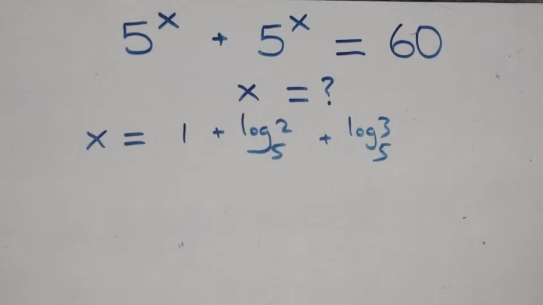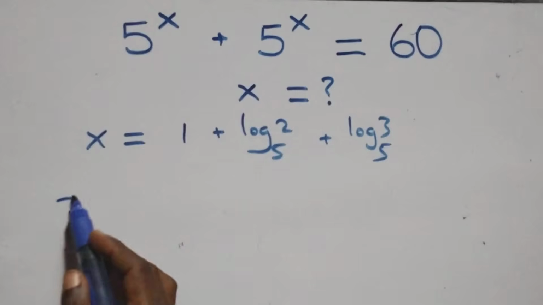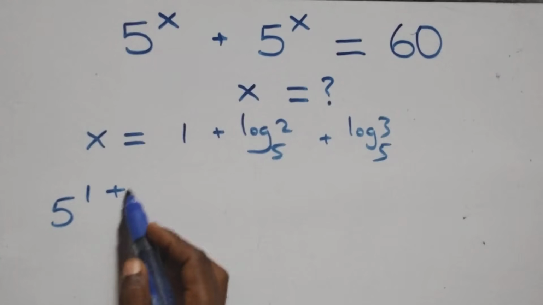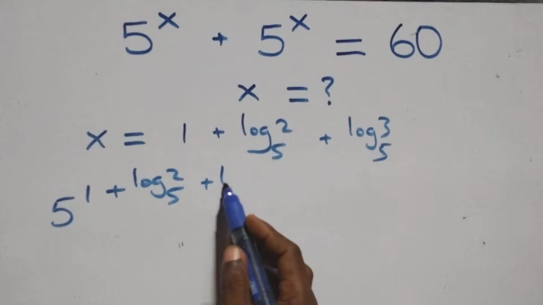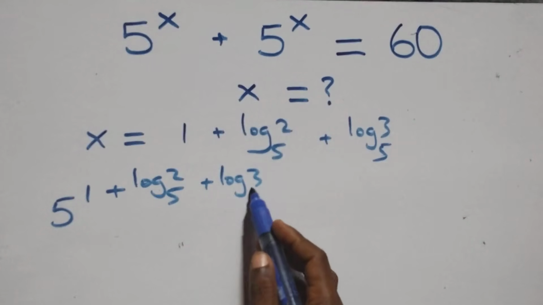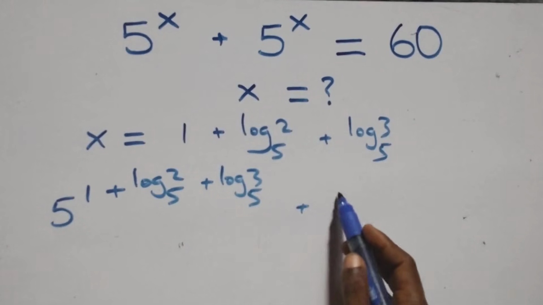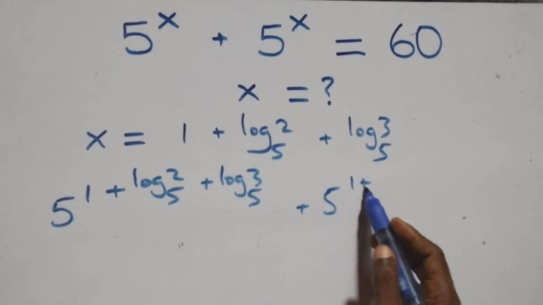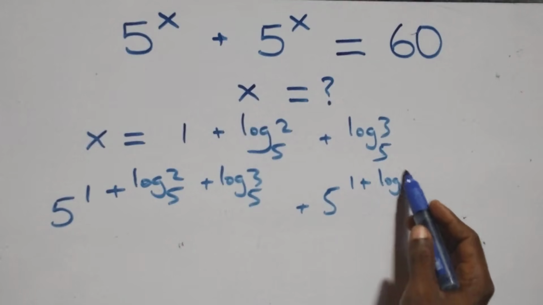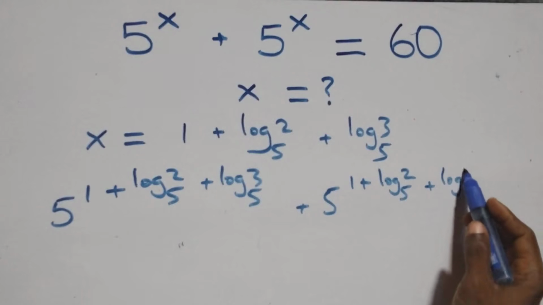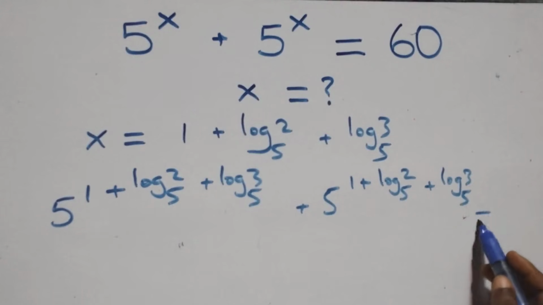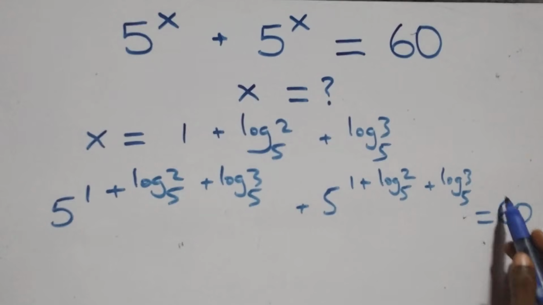What we have here becomes 5 raised to power 1 plus log 2 base 5 plus log 3 base 5, plus also 5 raised to power 1 plus log 2 base 5 plus log 3 base 5. Is it equal to 60 on this side?